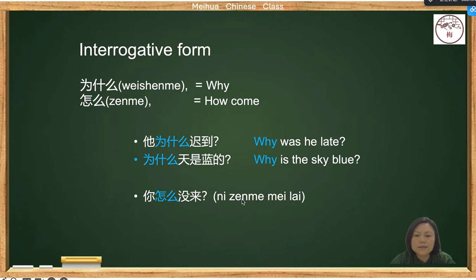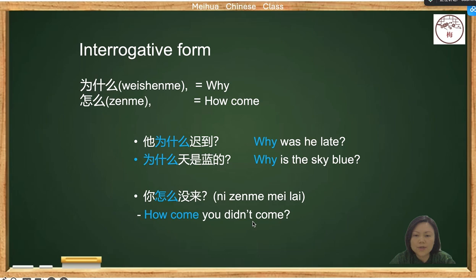See here, we also put the interrogative pronoun before the predicate, after the subject, right? Also, we can put it before the subject. That is also fine. So we can also ask in this way, 怎么你没来? We can put it before the subject. How come you didn't come?